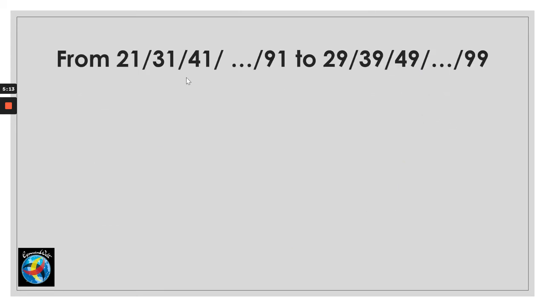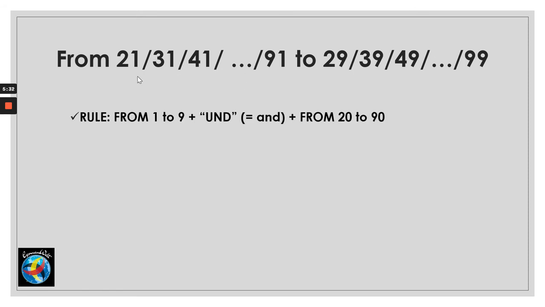Like I promised, you will be learning now to count for 21 up to 29, 31 to 39, 41 to 49, and so on. You got the picture. So in the end, you will be able to count from 1 to 99 or to 100. So the rule is the numbers from 1 to 9.